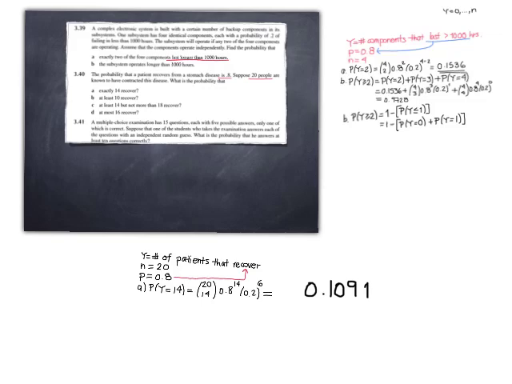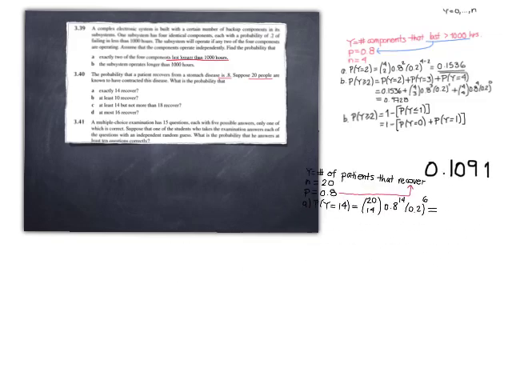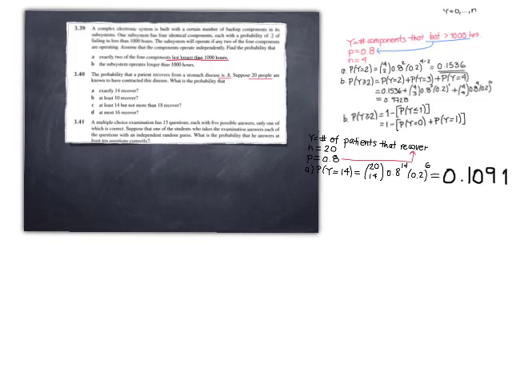So let me have it here. And then let's do letter B. B says at least 10. So this is the minimum value, should be greater or equal than 10.